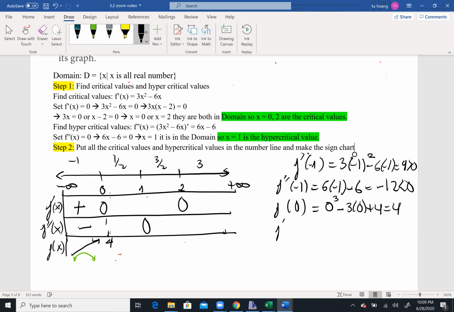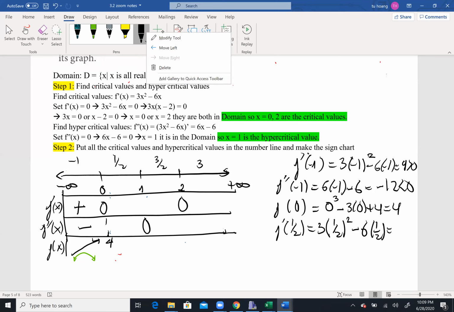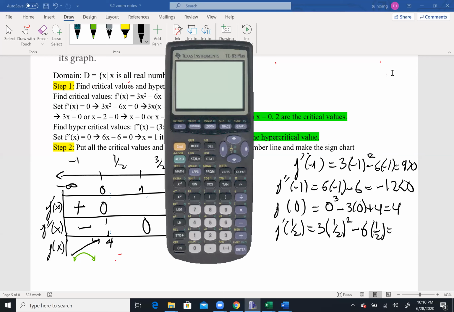Say f prime of 1/2 equals 3 times (1/2) squared minus 6 times 1/2. What's that giving me? Okay, let me calculate. Here's my calculator.